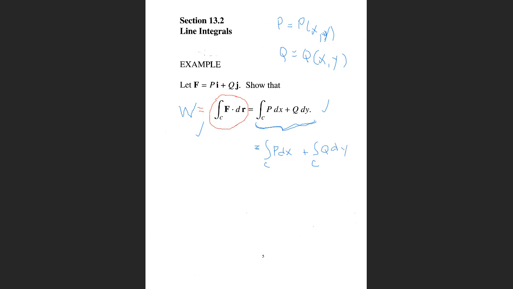The first is the line integral with respect to x over the curve C where your function is P, and the second is the line integral with respect to y over the curve C where your function is Q. So when you're doing homework problems and computing the sum of two line integrals, what you're really doing is finding the actual work that a force field does in moving a particle along some path, where the vector field has I component P and J component Q. Okay, so let's go ahead and see why this is true.